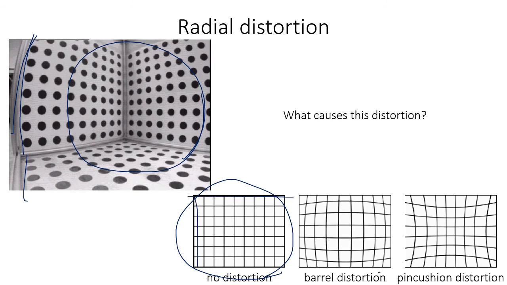But this is barrel distortion, and this is pincushion distortion. Usually radial distortion is similar to this barrel distortion, right? You can see the similarity between these images and the barrel distortion.